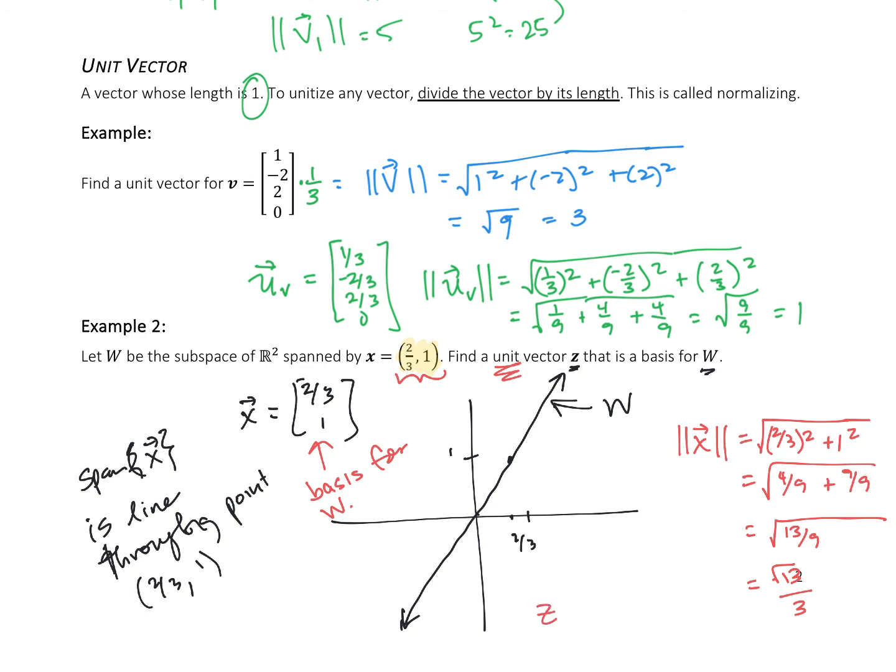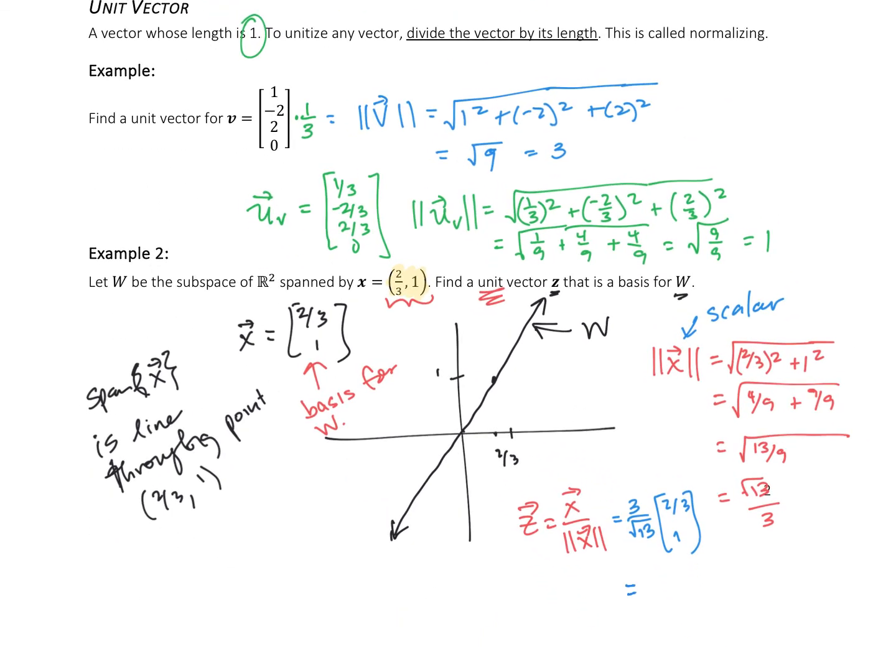So my z vector is defined by taking my x vector divided by the length of my x vector. And it's possible to do division in this case because this is a scalar. All this means is that we're doing scalar multiplication. Now, it's scalar multiplication of a fraction, but that's okay. So I'm going to flip this because I'm dividing by a fraction. This means I'm going to multiply by 3 over square root of 13 times my 2/3 vector and my 1.